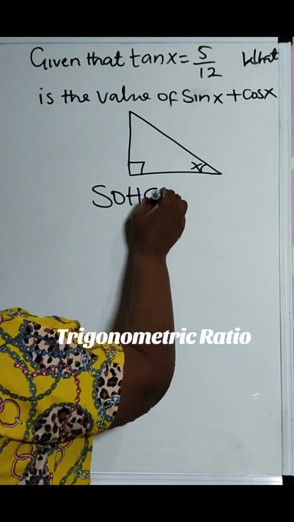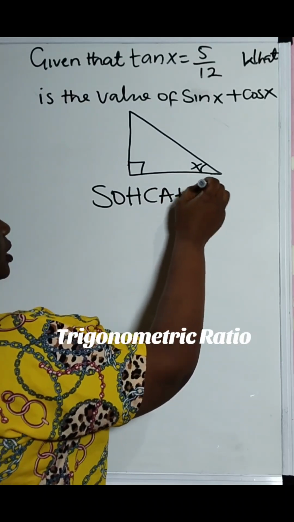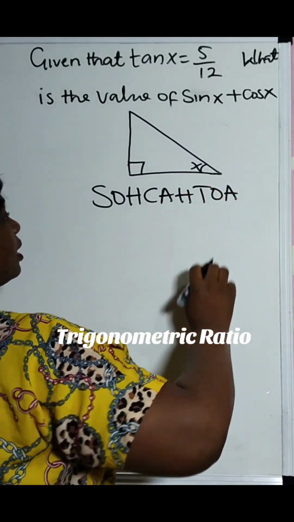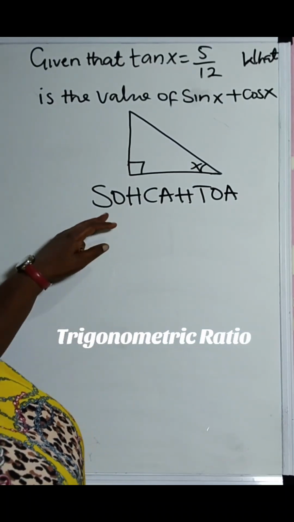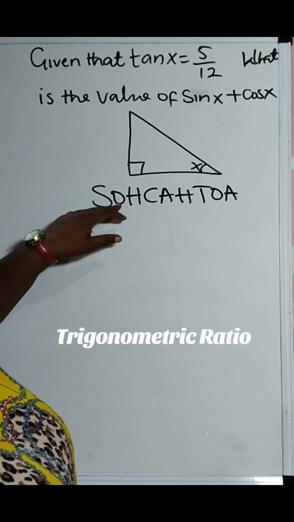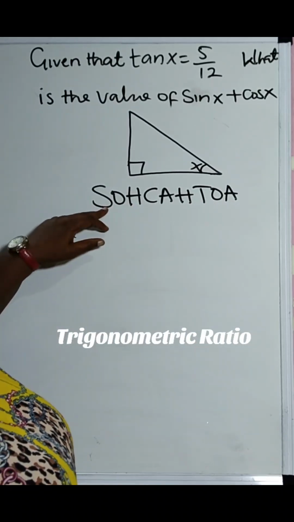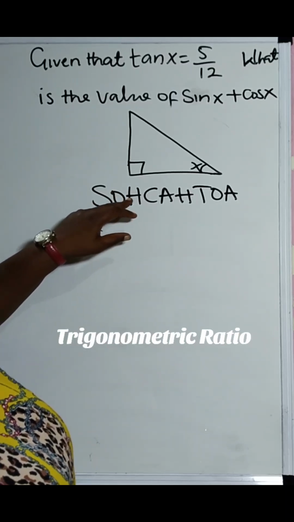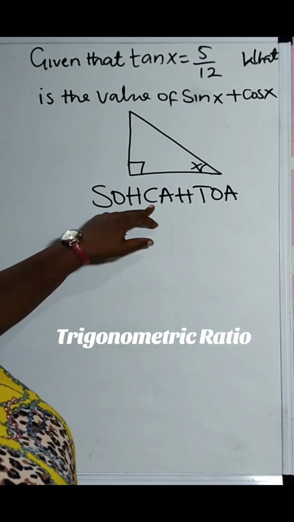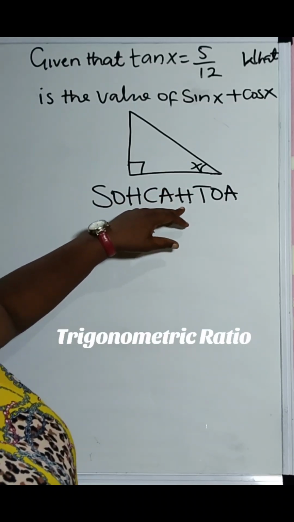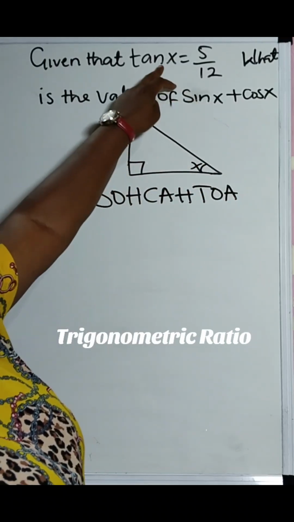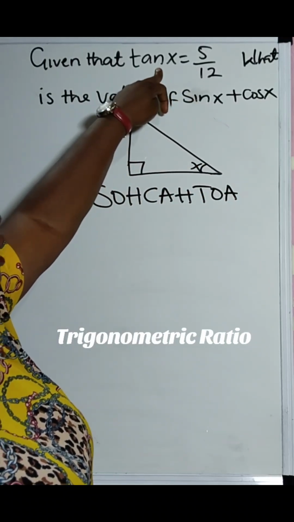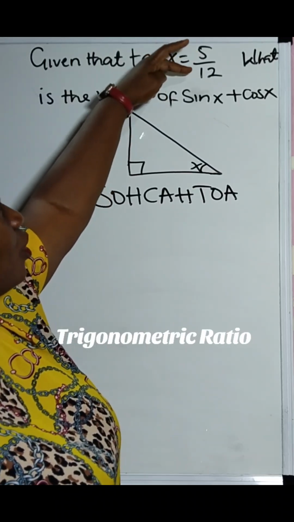This is what we use to interpret the sides and the angles in a right angle triangle. Sin theta equals opposite over hypotenuse, cos theta equals adjacent over hypotenuse, tan theta equals opposite over adjacent. Now this is our tan x, opposite over adjacent.